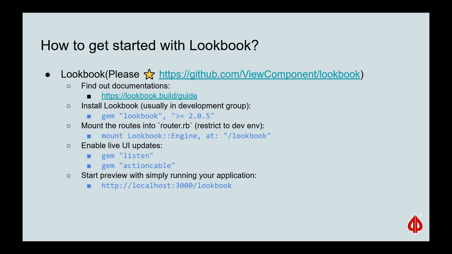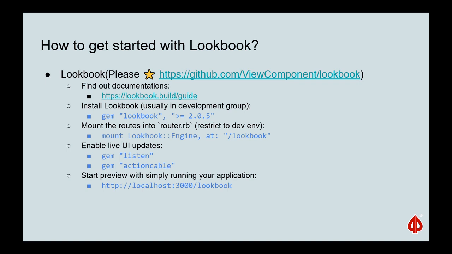Add the mount to your router, so mount Lookbook engine, and usually we use it under the dev environment. So we wrap the whole thing inside if Rails.env is dev, and we make sure it's not going to be shown on production. It doesn't matter really, but for us it's like safety.